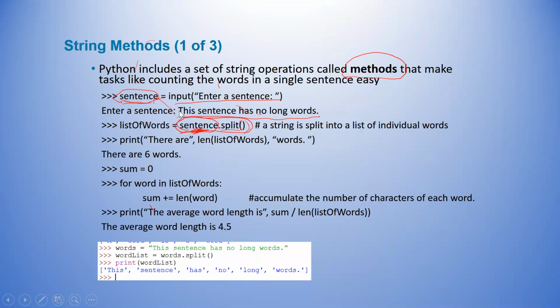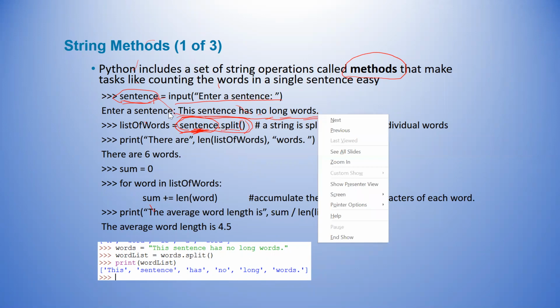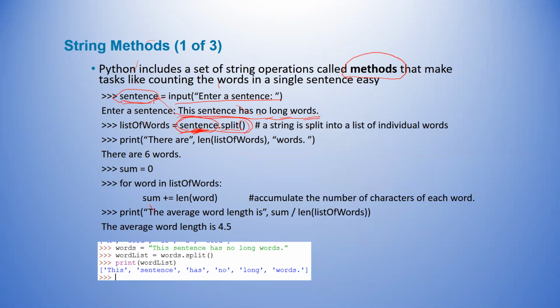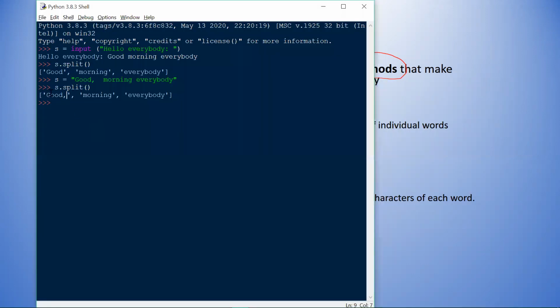So when you enter this sentence has no long words, this will be split into this, sentence, has, no, long, words, including the period actually. So 1, 2, 3, 4, 5, 6, 6 elements. And by the way, each one of them is called an element of the list. Okay, it's a list, L-I-S-T, list. And so there are 3 elements in this list.